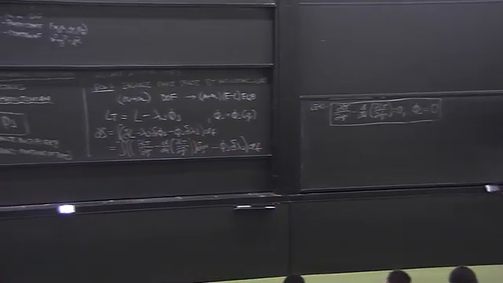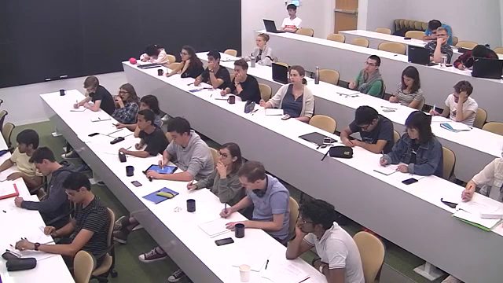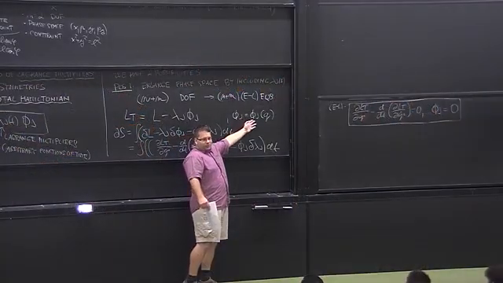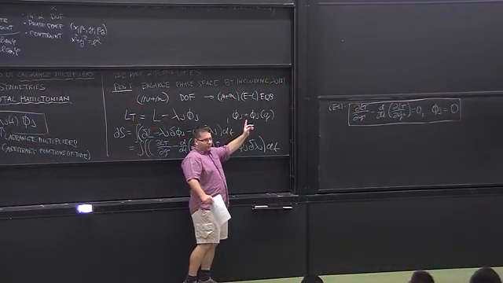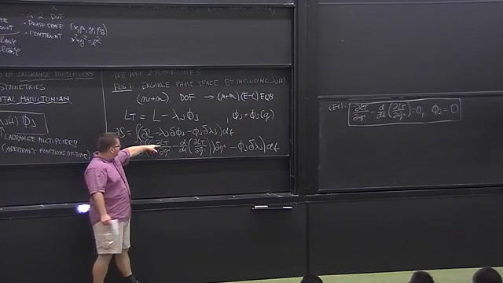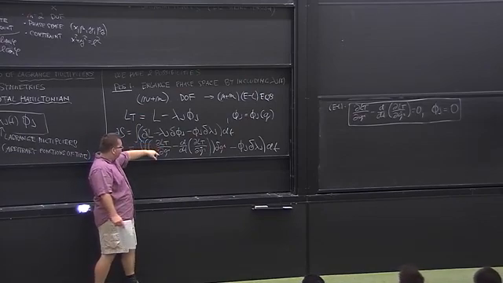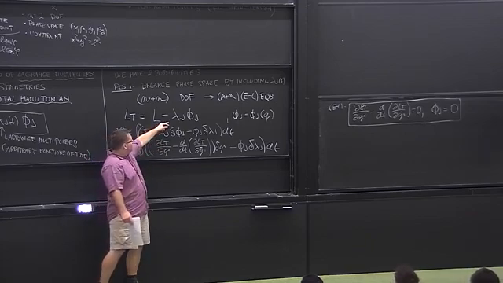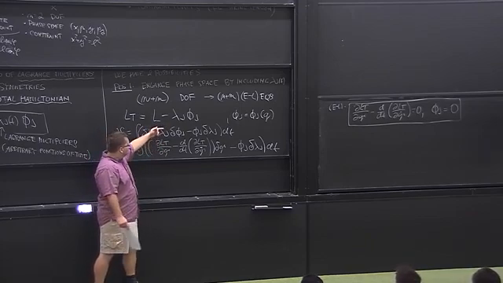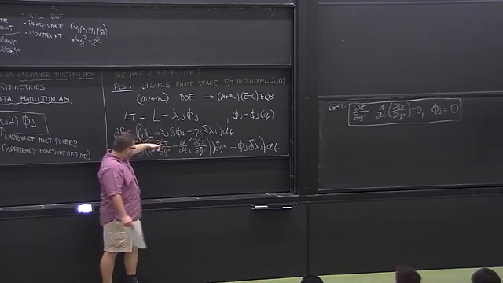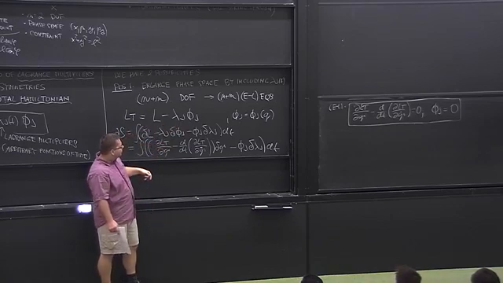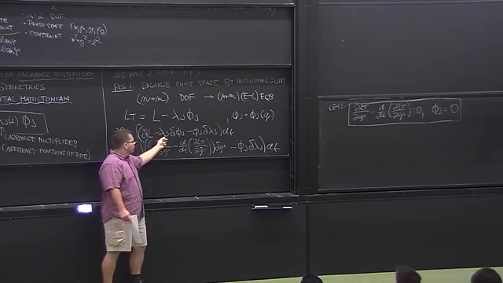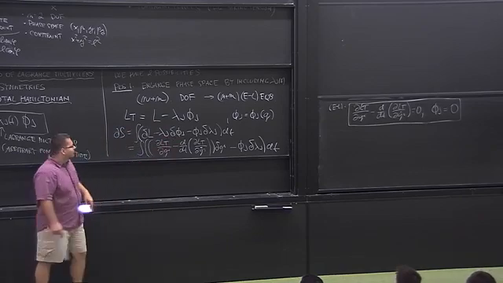Yes? Could you explain again why you got rid of the variation of phi? I didn't. I'm making the assumption that phi now depends only on q, so it doesn't depend on q dot. That's the first thing. So then, if you look at what this is, it's just the old dL over dqi minus lambda j d phi over dqi. Which is this term here, right?